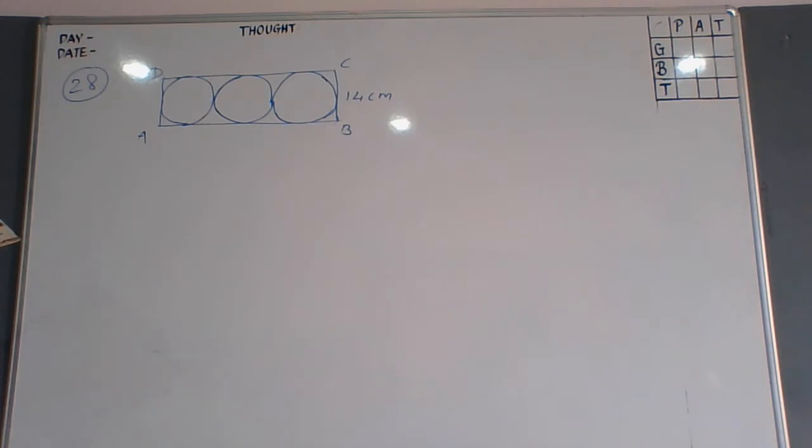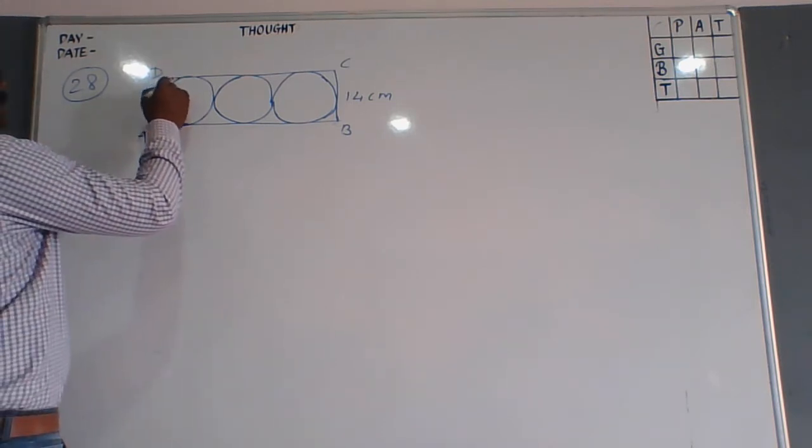Find the area of the shaded portion, that is given in the question. Value of pi is also given, that is 22 by 7. We want to calculate the area of the shaded portion. So the shaded portion is this one.